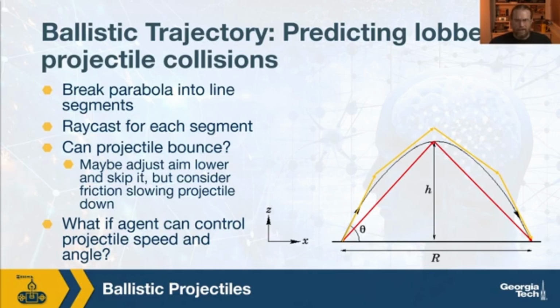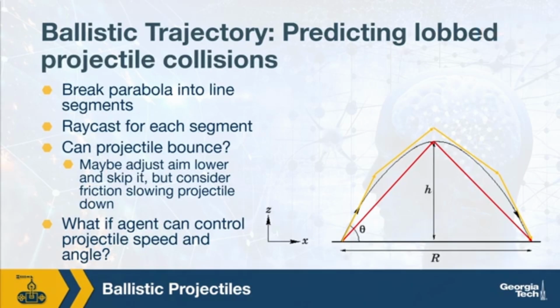So as for dealing with whether a projectile is going to hit something else before it hits your intended target, well, often you're going to have to deal with lobbed projectiles, which are under the influence of gravity.